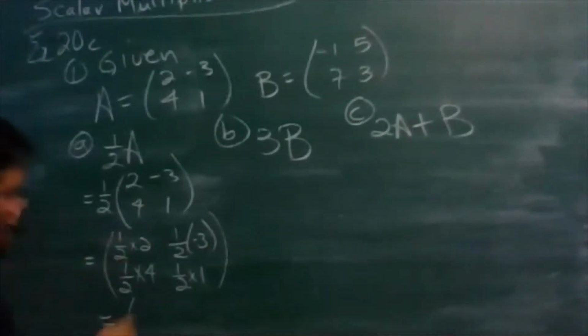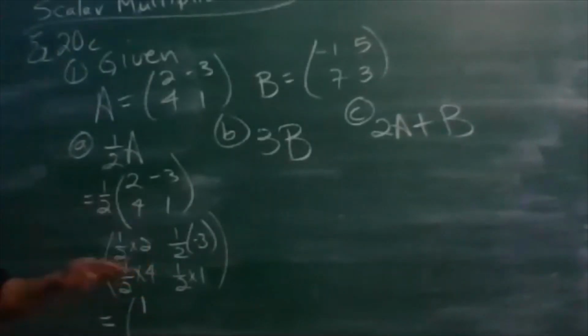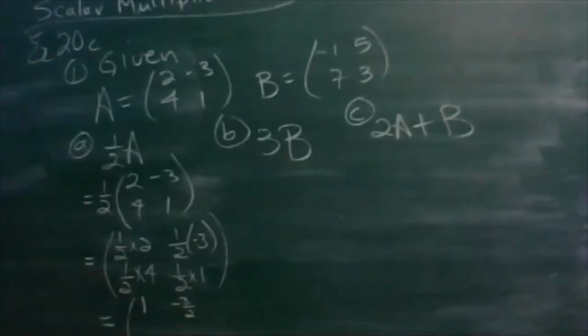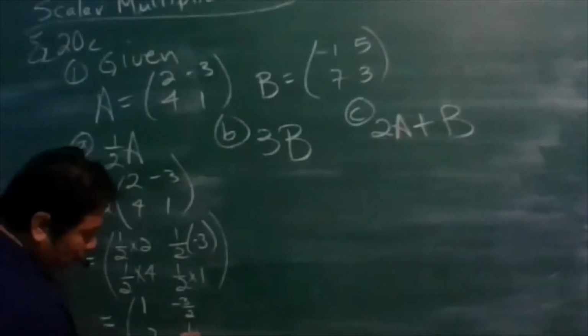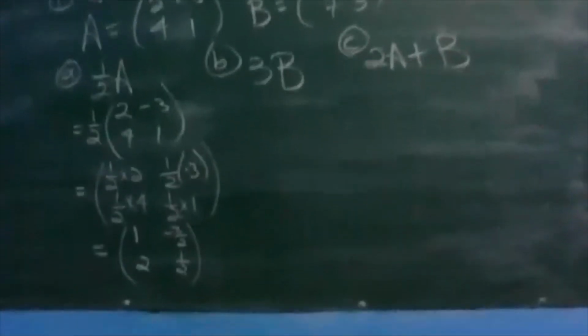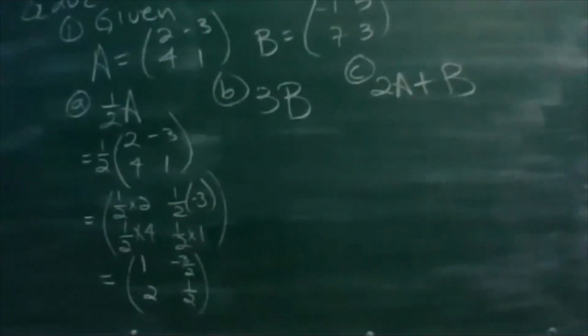A half of 2 is 1. A half of negative 3 is negative 3 halves, so we leave it as an improper fraction. A half of 4 is 2. And a half of 1 is simply a half. So that will give us our first result.